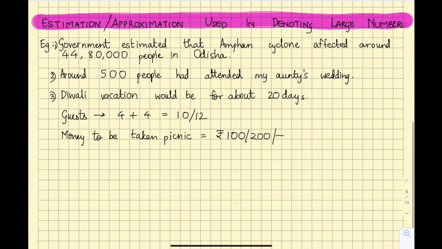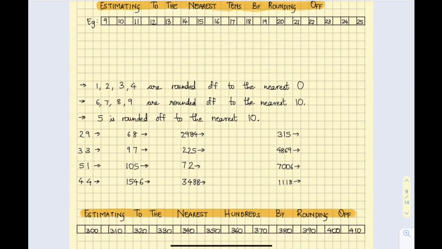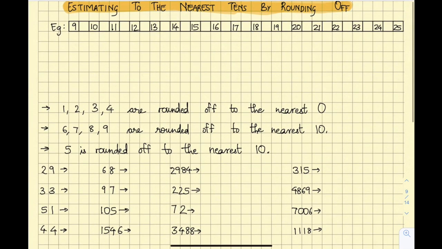Now we are going to see further how we estimate to the nearest tens by rounding off. Here you can see a number line where you will see 9, 10, 11, 12, 13, 14. Like this it is written till 25. So here if the number written is 10, so 10 is exactly understood as 10. But suppose somebody writes it as 9. So 9 is rounded off as 10.